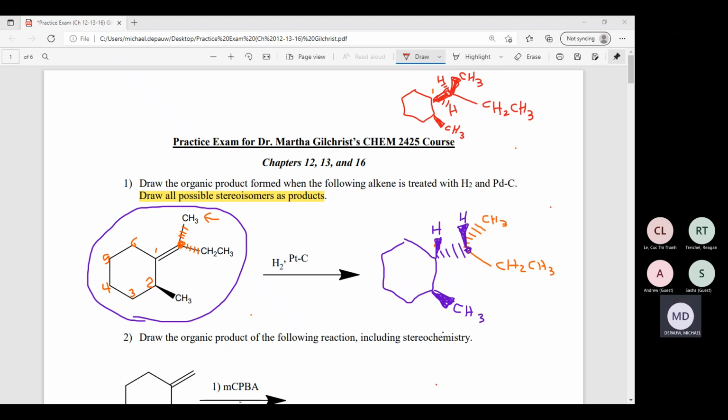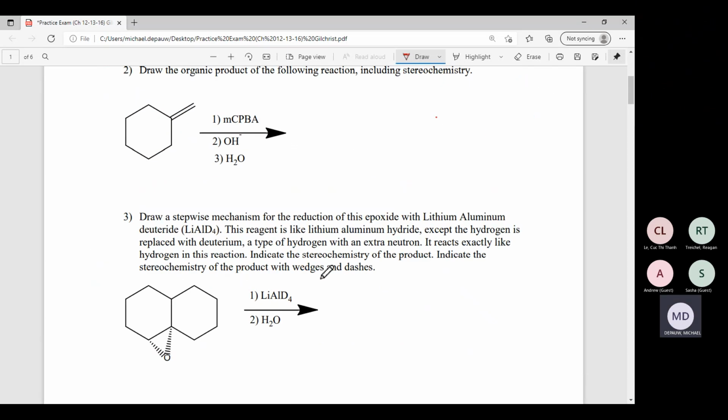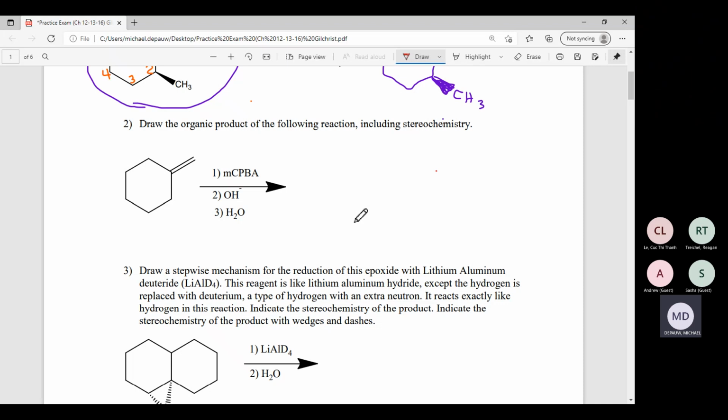All right, let's take a look at question number 2. Draw the organic products of the following reaction, including stereochemistry. So in this case, the first thing to recognize is that you have to be familiar with some of these reagents, specifically MCPBA. That's metachloroperoxybenzoic acid.